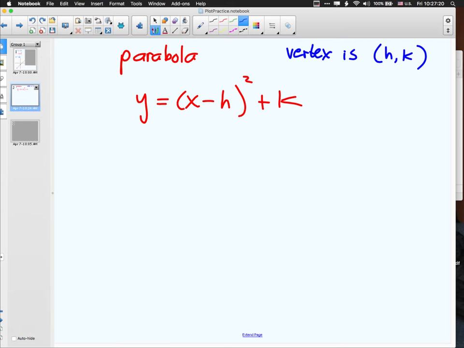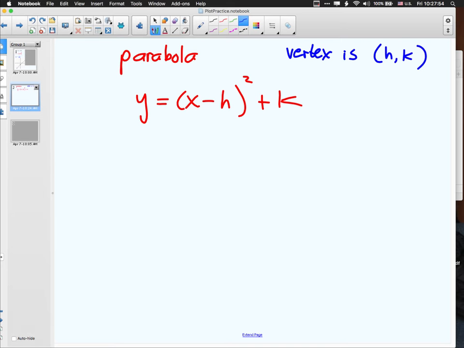Because when it's in this form, x plus or minus something, quantity squared, plus a constant, that shows you how it's been shifted. How far to the right or the left? How far has it been shifted horizontally? It's been shifted h to the right.